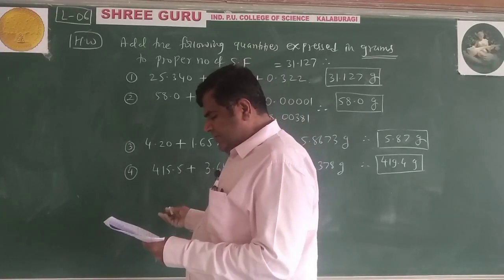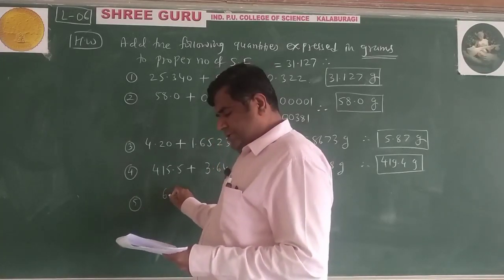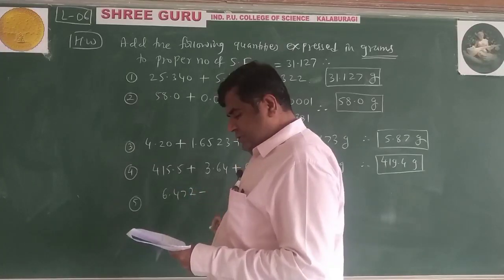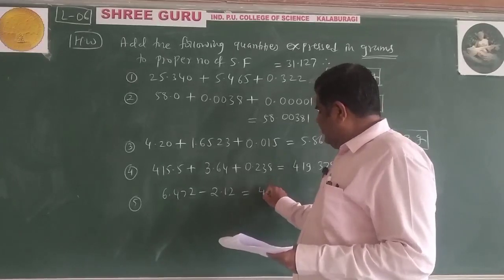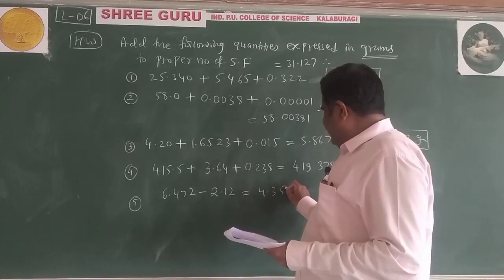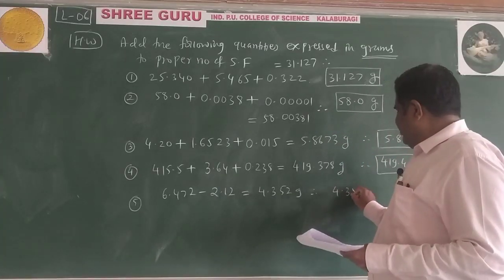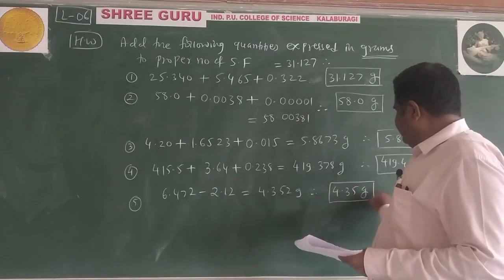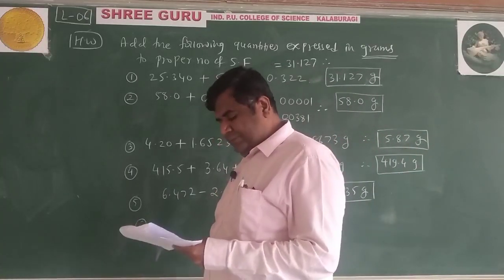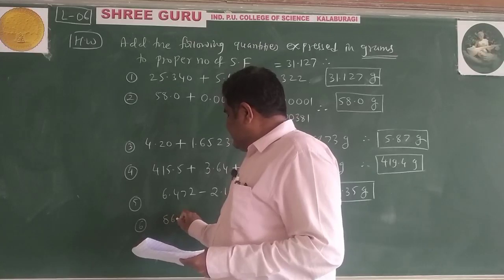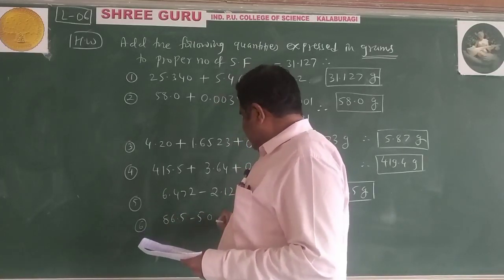Right. So I just add here only: 6.472 minus 2.12. Same rules are applicable here also. 4.352 gram, and that's why I'm writing it as 4.35 gram. And the next one is 86.5 minus 5.025.